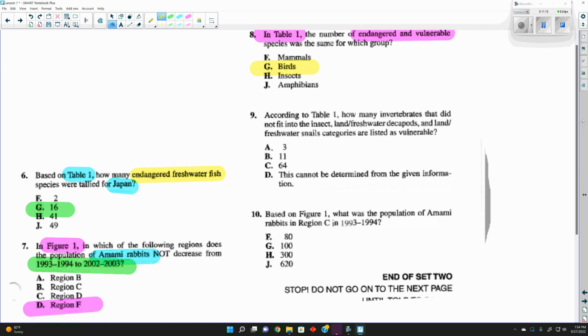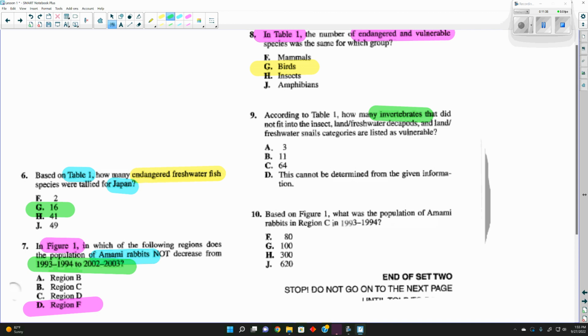2 left. Question number 9. According to Table 1, how many invertebrates that did not fit into the insects, land, freshwater, decapods, and land freshwater snail categories are listed as vulnerable? So what are we looking at?